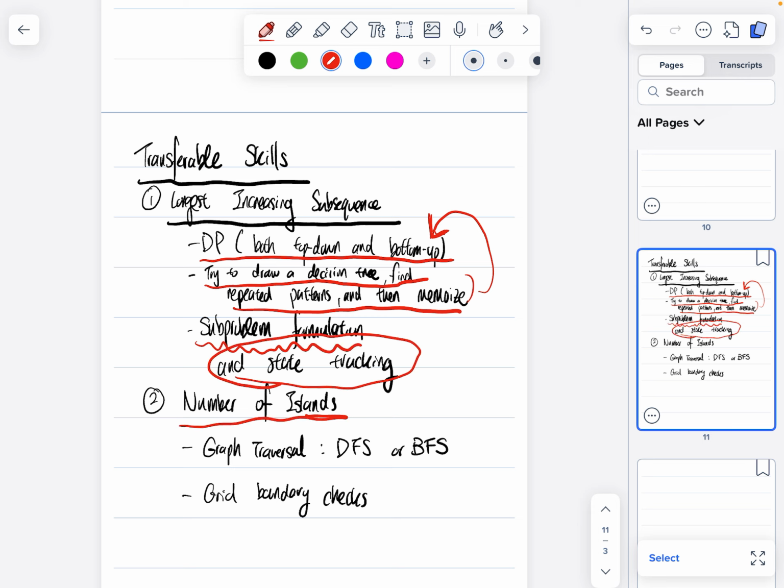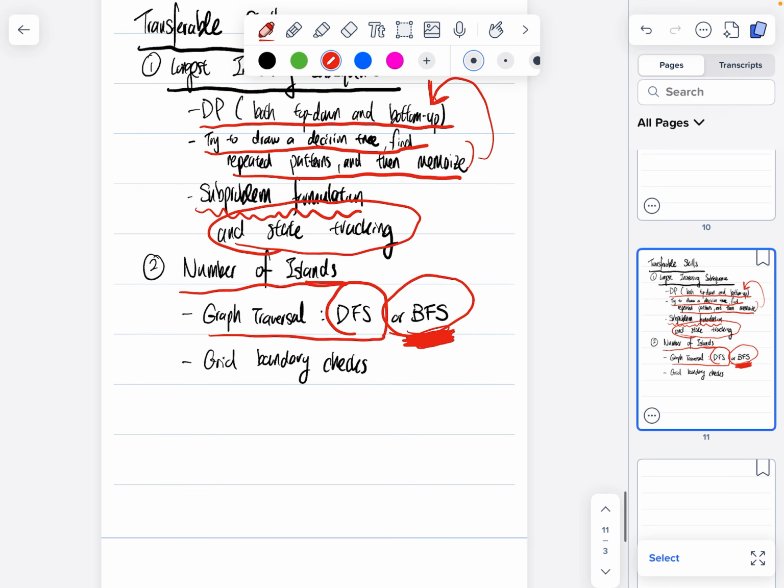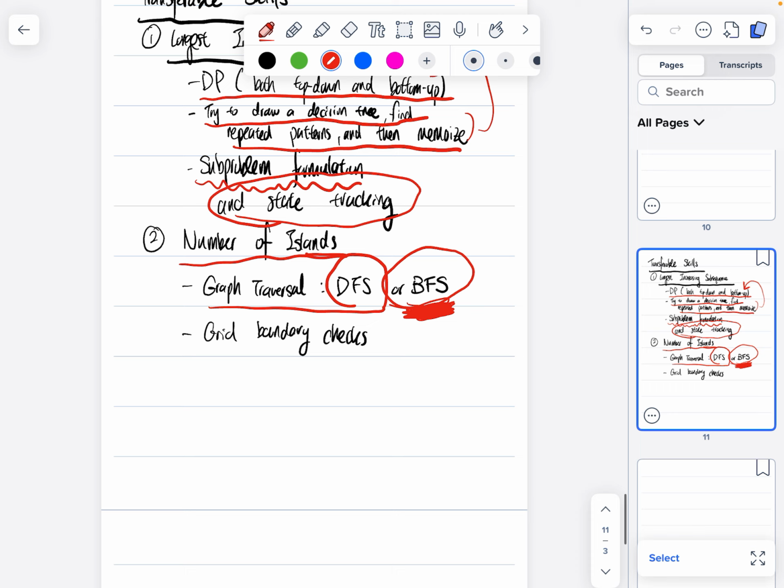The number of islands, graph traversal, DFS or BFS. There's a way to solve it with BFS. I think Yone solved it in BFS. If you can reach out to him, maybe he'd be happy to talk about it. I'm not too familiar with the DFS solution for this problem.